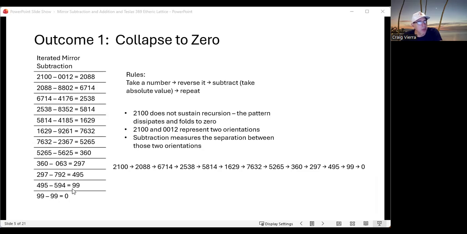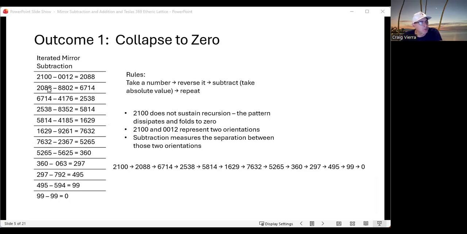So it did not go into a cycle. This would be falling off or out of the lattice. So it doesn't sustain what I would say is a recursion. Recursion is where you will see a repeat, a repetitive nature, cycling to it. But this one dissipates, the pattern dissipates, and you could say that it folds to zero.